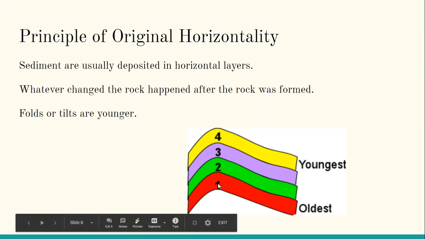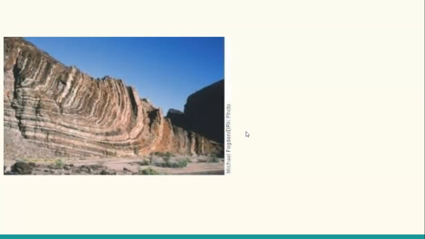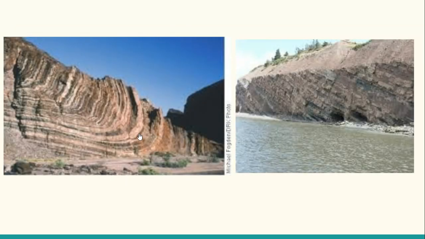So the oldest layer would be number 1, the youngest is number 4, and the fold happened after layer 4 was laid down. Okay? So if you're looking at these two layers here, this is useful because this part right here is the oldest, and as it bends up, this is older than this rock right here.